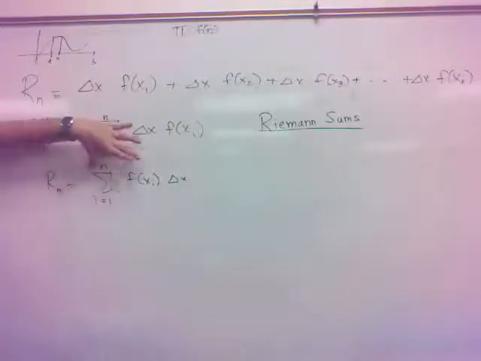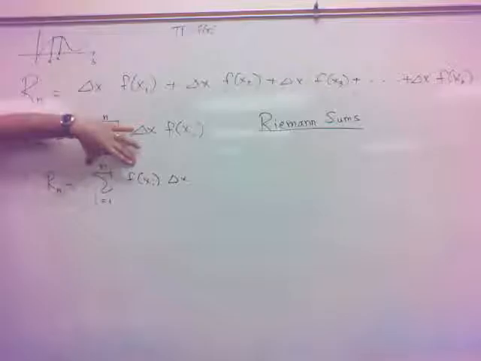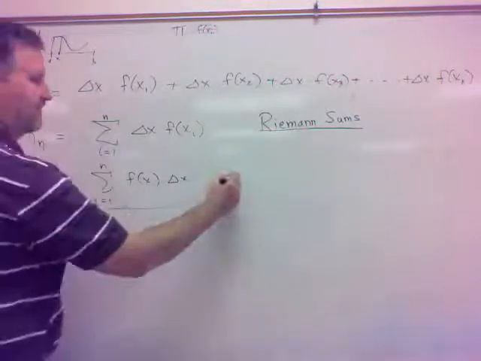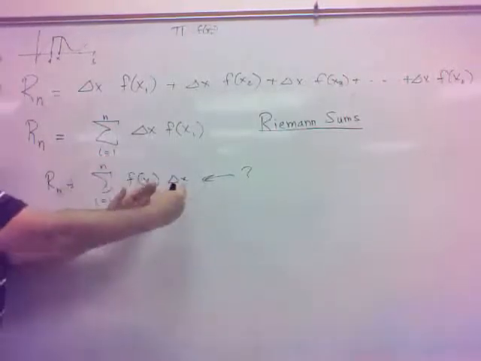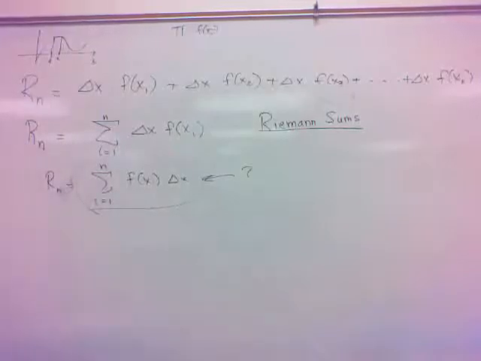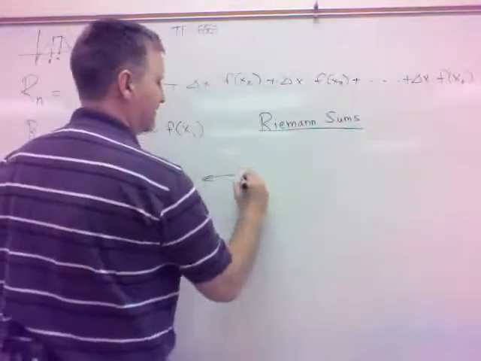So, if I see this notation here, what does it represent? Area under the curve. But what if you have some negative values? Net area. Okay. If we see this notation here, f of x sub i times delta x, the sum of all those, remember it's the net area under the curve.